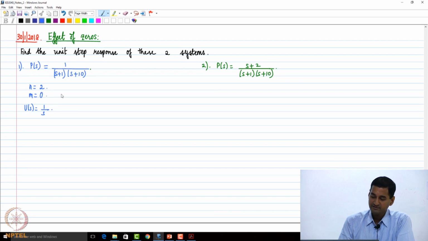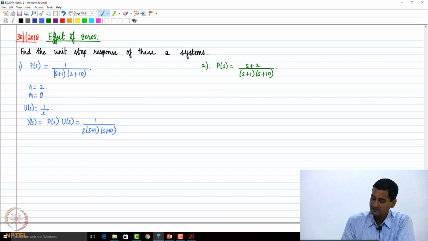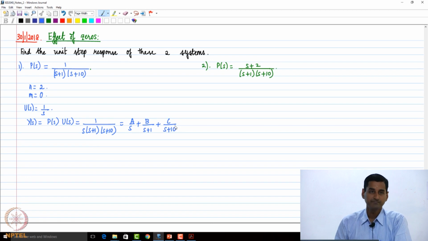So let's say I want to figure out the unit step response. So u of s is 1 by s. So what happens to y of s? It becomes p of s times u of s. So I get it as 1 divided by s times s plus 1 times s plus 10. So this is going to be A by s plus B by s plus 1 plus C by s plus 10, okay?